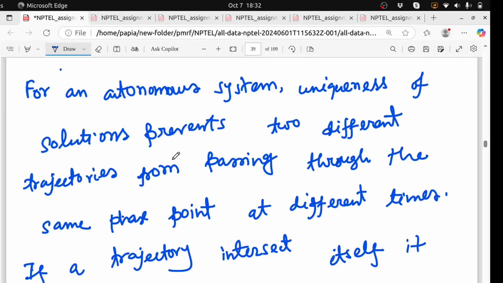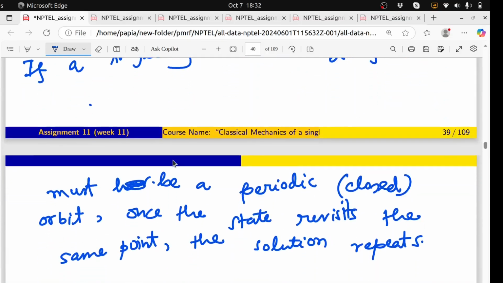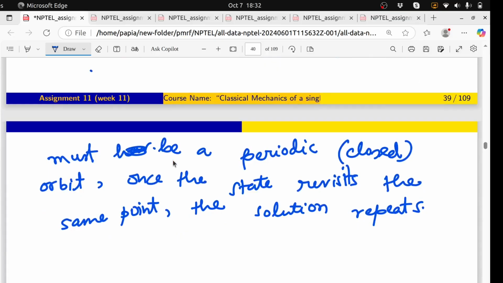But it is not possible for the autonomous system. So in principle, the phase space trajectories should not intersect with each other. If a trajectory intersects itself, it must be periodic, that means a closed orbit. Once the state revisits the same point, the solution basically repeats.